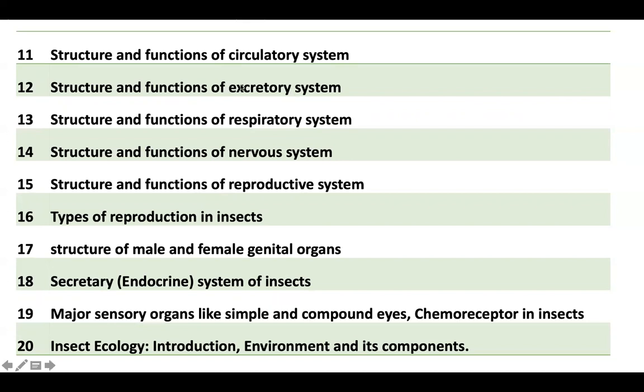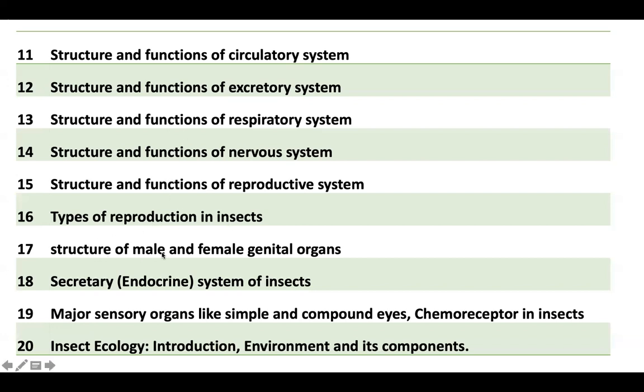Then the structure and function of the excretory system, the system involved in excretion. Then the respiratory system, the system involved in respiration. Then the nervous system, reproductive system, and all structural and functional modifications, in detail you will be studying. And then types of reproduction: insects have different kinds of reproduction, sexual reproduction, asexual reproduction, parthenogenesis, pedogenesis. All those things you will be studying.